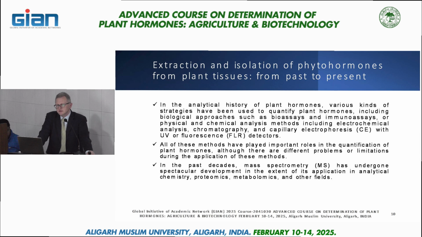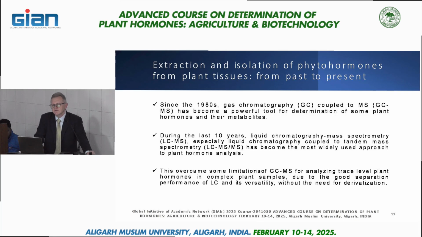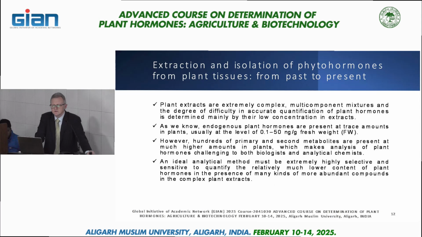A key difficulty is that endogenous phytohormones are present at trace levels, often in the range of nanogram to picogram per gram fresh weight. However, these hormones exist in a mixture with hundreds of other plant compounds. This is a problem to resolve.